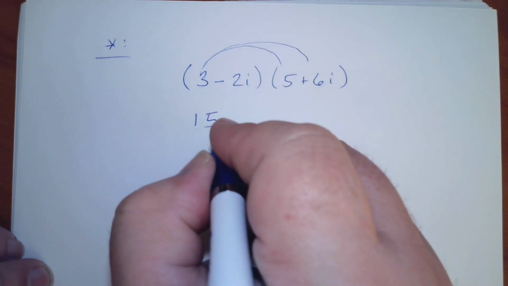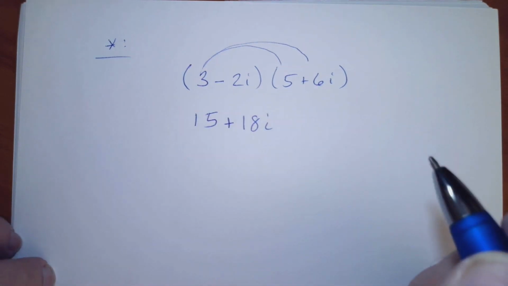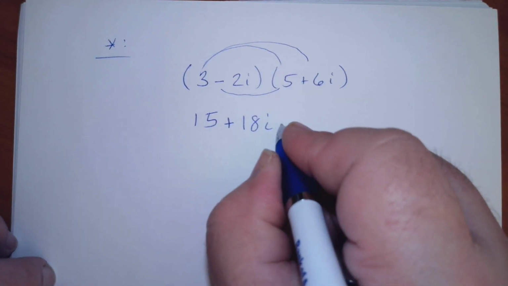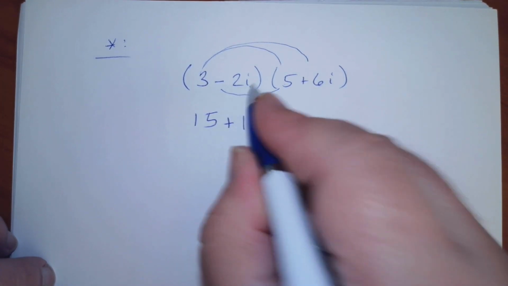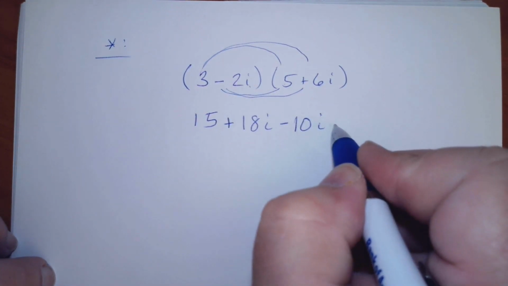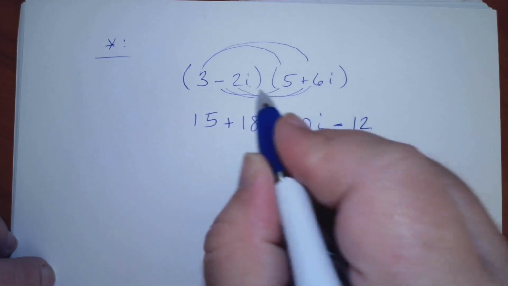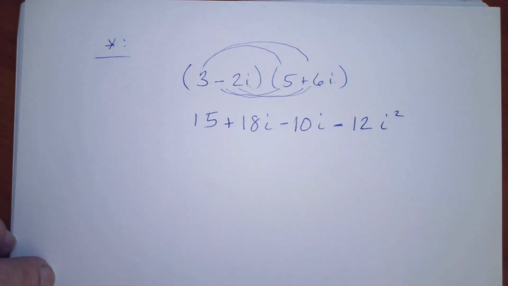Positive times positive is positive. 3 times 6 is 18i. Negative times positive is negative. 2 times 5 is 10, and there's an i. Negative and positive is negative. 2 times 6 is 12. i times i is i squared.